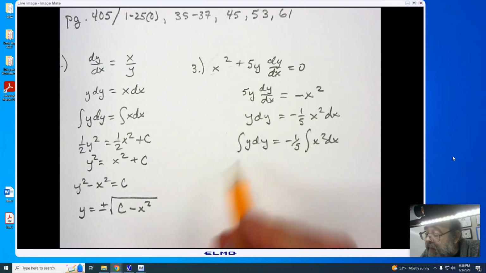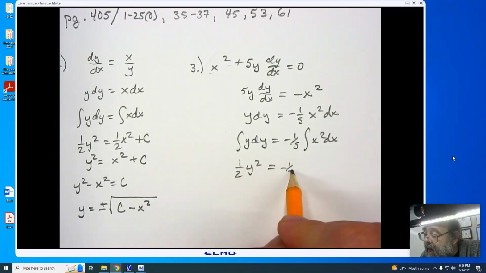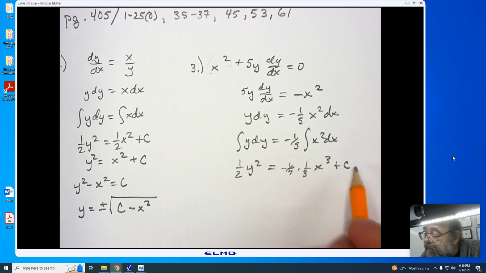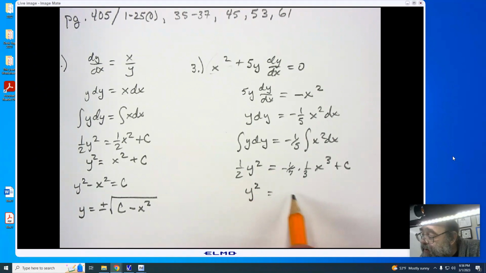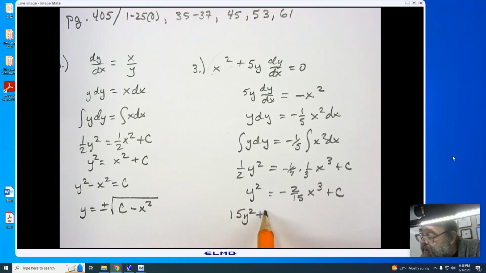Now that I have it set up, I'm going to have my 1/2 y squared equals negative 1/5 multiplied by 1/3 x to the third plus c. Multiplying by 2, I end up with y squared equals negative 2/15 x cubed plus c. Now, the book is going to expect you to have 15y squared plus 2x cubed equals c, but that's not what we do.